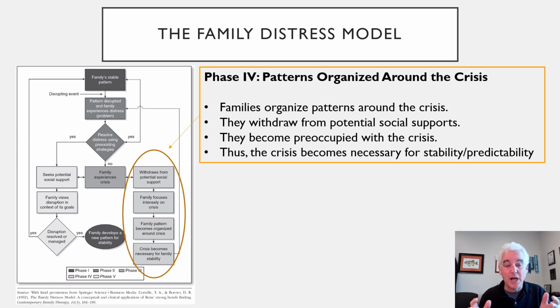This is when families become crisis-oriented. They need crises in their life, maybe for a sense of adventure, maybe because the parents aren't getting along and need a crisis to help them stay organized. Often one of the children will act out to kind of focus the family on them, so that the family can kind of function well.